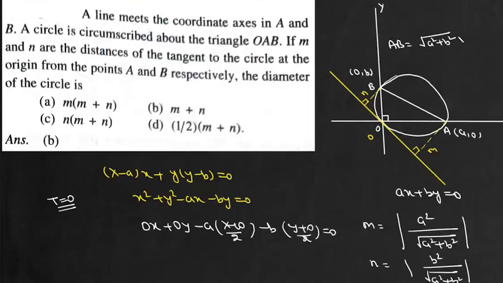So what we'll do is add these two. If we add these two, we'll get M plus N equals a square plus b square upon under root of a square plus b square, which is simply under root of a square plus b square, which is AB, the diameter of the circle. So the answer to this question is option B.